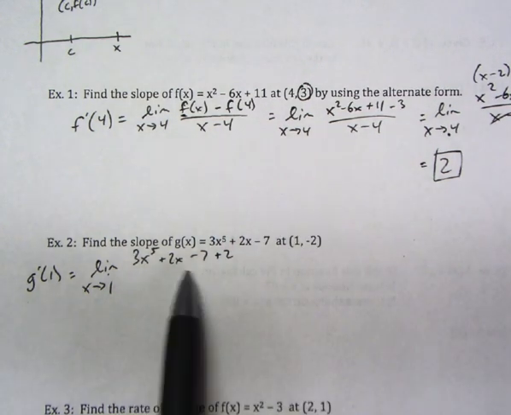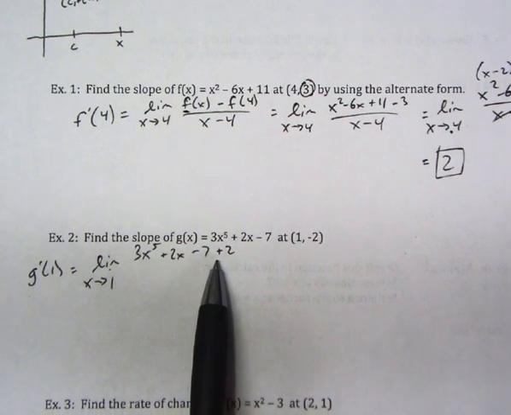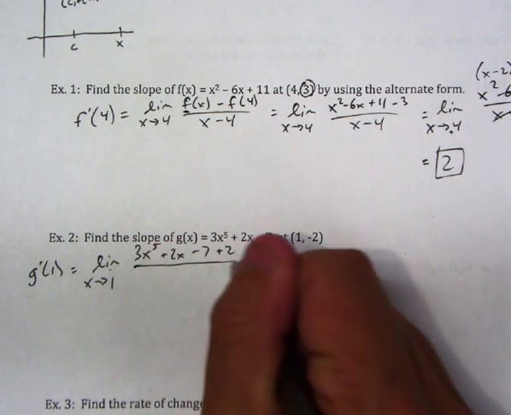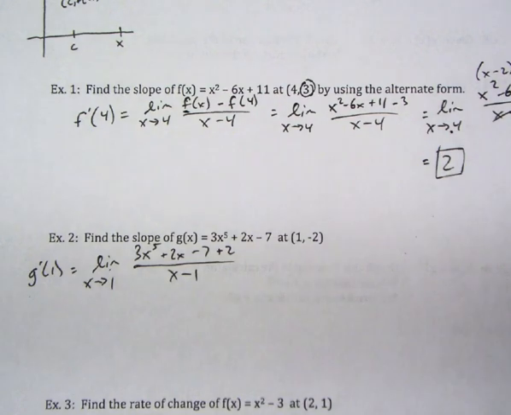So it's g of x minus g of 1. That's what this is, over x minus 1. Probably should have written out the formula again, like I did in the previous problem. My bad.